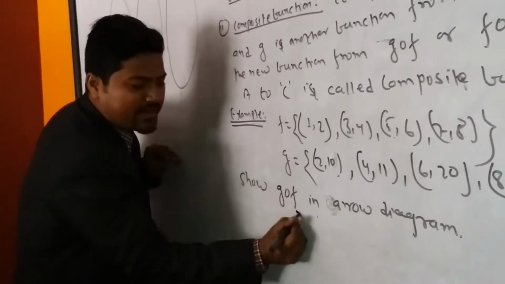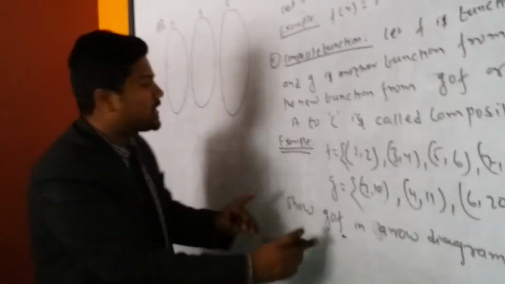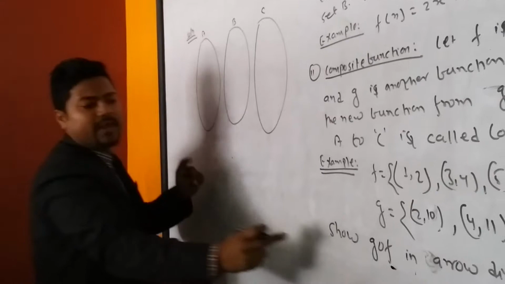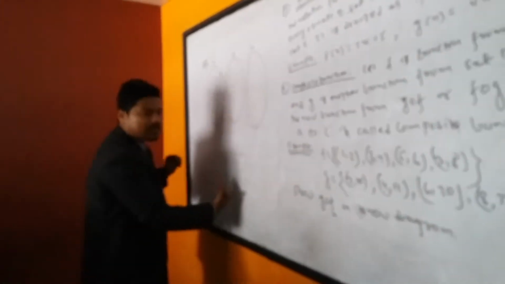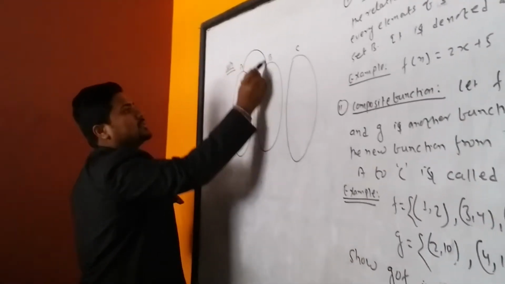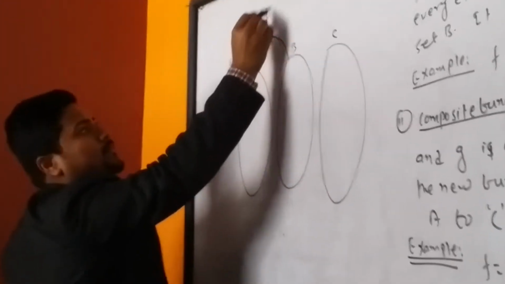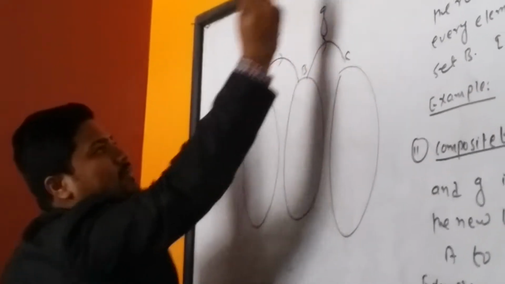On the right hand side is f, and on the left is g. So here this is the f function, and this is the other, g function.